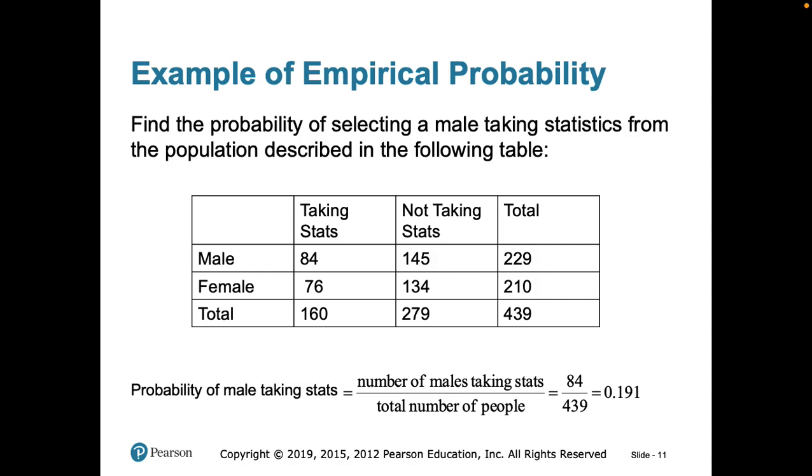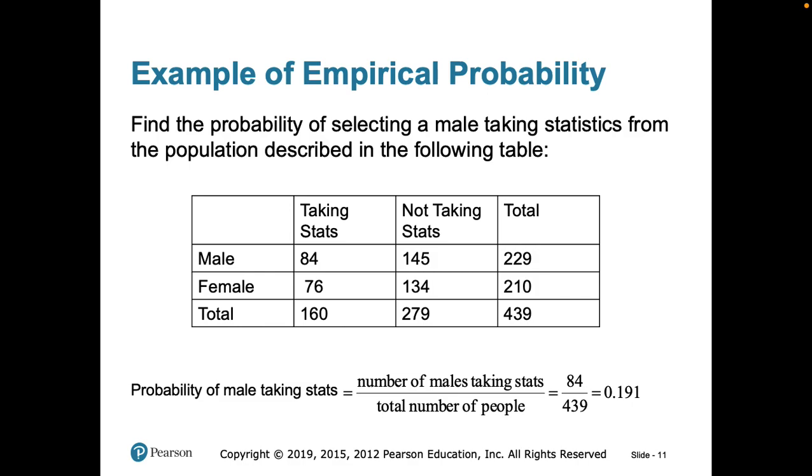Here is empirical probability. In this case, we're trying to find the probability of selecting a male taking a statistics class from the population described in the following table. We found 439 students, and we asked what their gender was, and then we asked if they were taking a statistics class.